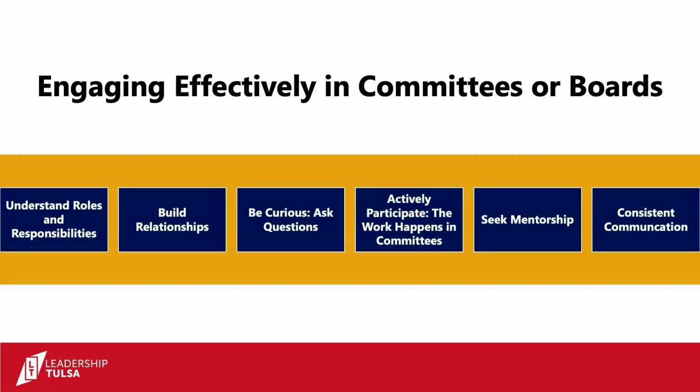And lastly, but not least, consistent communication. I ask you, please, not just as a positive professional reflection of yourself, but also as a professional reflection of our community in Tulsa, our organization, Leadership Tulsa, and other members of the board collaborative, TIPROS and Junior League of Tulsa. If you are going to be late for a meeting, send an email. If you are unable to make a meeting, send an email.